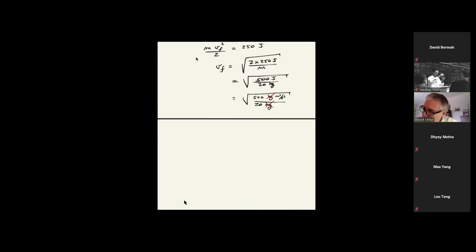Then you'll be left with meter squared per second squared. And of course, the square root of meter squared per second squared is meter per second. So there we go. Now it gives 5 meters per second. Beep. There we go. All right.